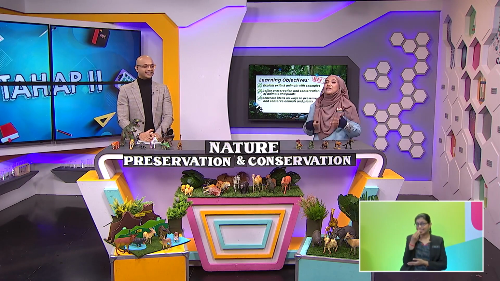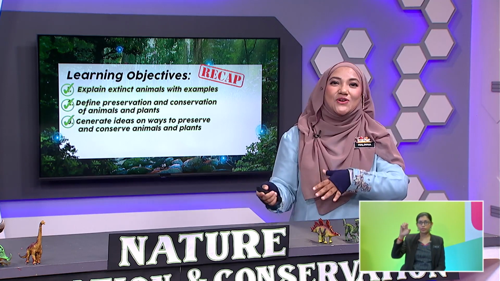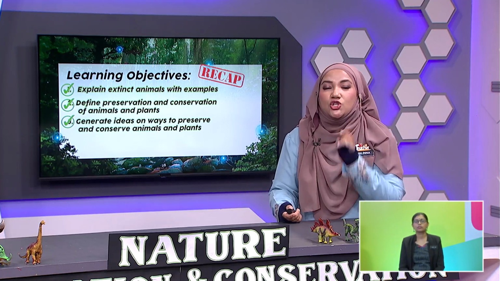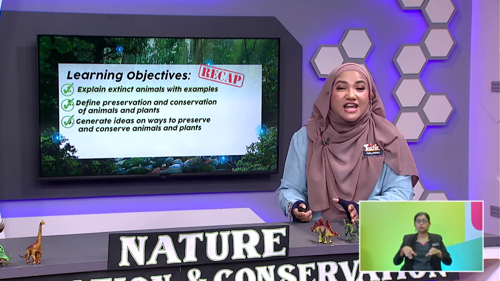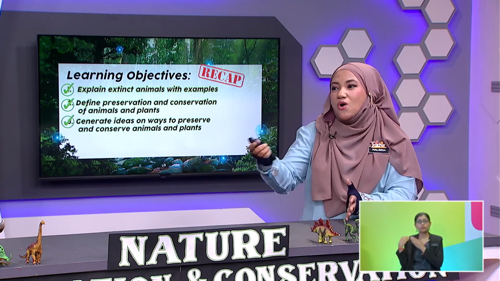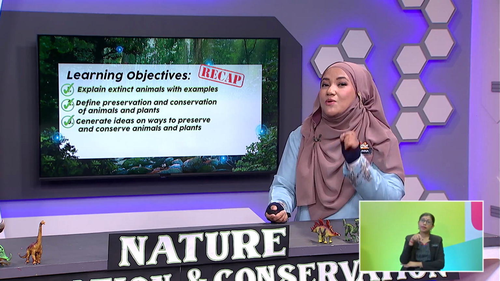That is a change in behavior that we hope everyone here in the studio and also at home remember. You must do your part in protecting these endangered animals so that they won't become extinct like quagga, like dinosaurs. So everyone, each one of us, play our part.